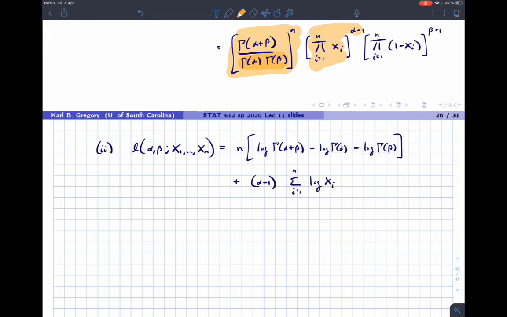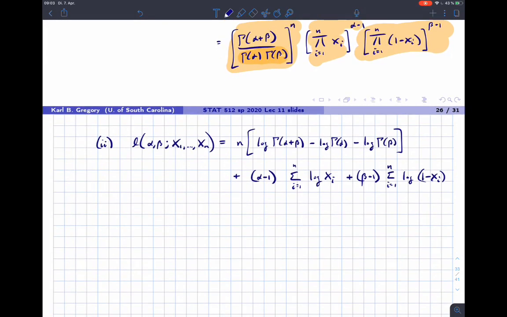And for the last term, we then get beta minus 1 times the sum of log of 1 minus xi. Okay, good.